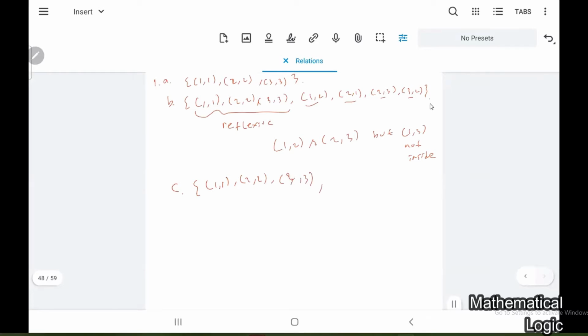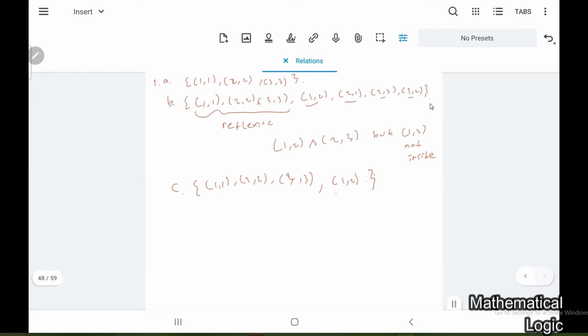So we want to make it transitive, but not symmetric. The easiest way is to make it maybe 1,1 and 1,2, right? So is this enough? 1,2, 2,2, so 1,2 is there, 1,1, 1,2, right?